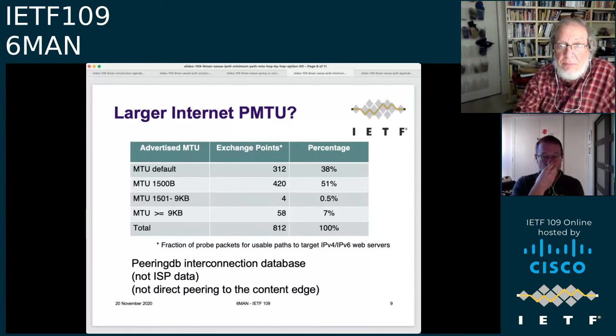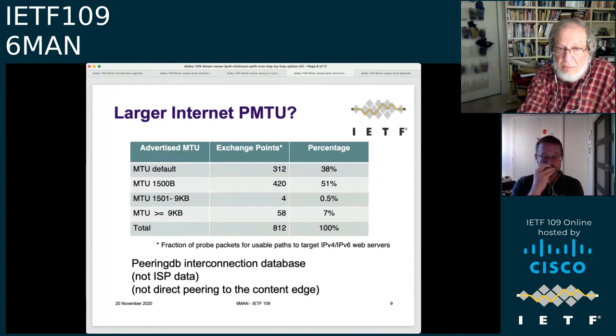And the answer is 38% in PeeringDB use a default MTU. 51% use a 1500 byte MTU, probably the same advertisement actually. So only 7% used a 9 kilobyte MTU. Well, you could take that good or bad.